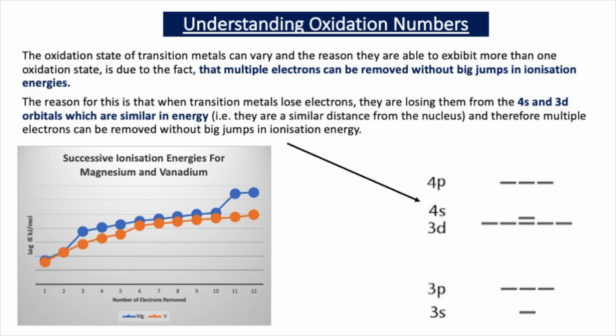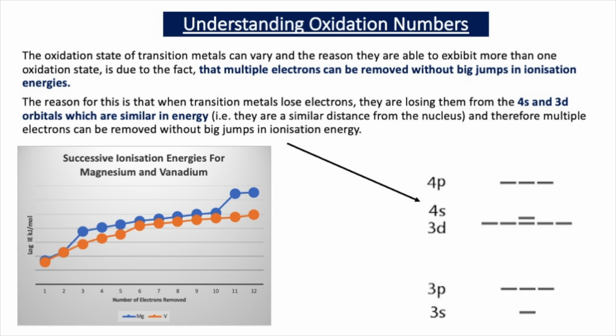If we look at this graph of magnesium and vanadium successive ionization energies, where I plotted ionization energy against the number of electrons removed, you can see that in magnesium there's a big jump after the second electron is removed, and for vanadium we don't see this big jump as we remove the 4s and 3d electrons.